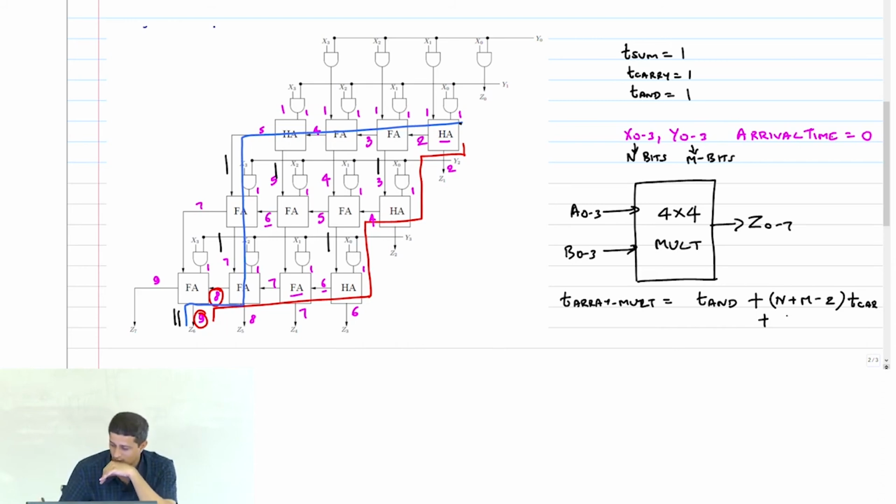Right? So, is this right? First you substitute and see, then we'll see. For n equal to 4, m equal to 4, T and, T carry, T sum are all 1.